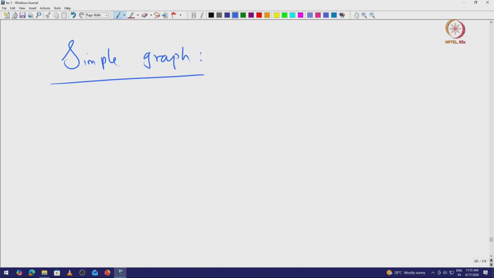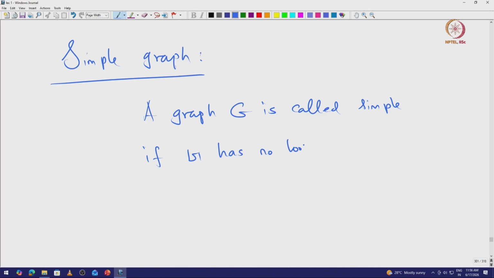A graph G is called simple if G has no loops or multiple edges.